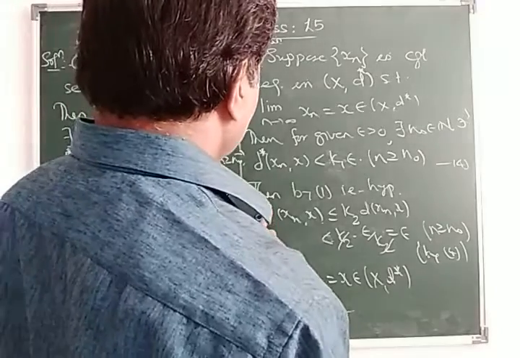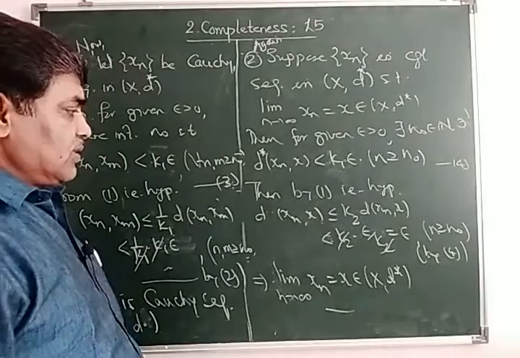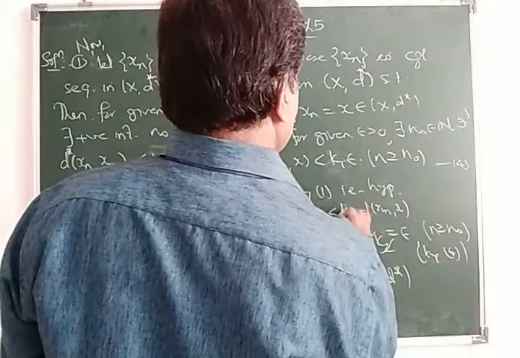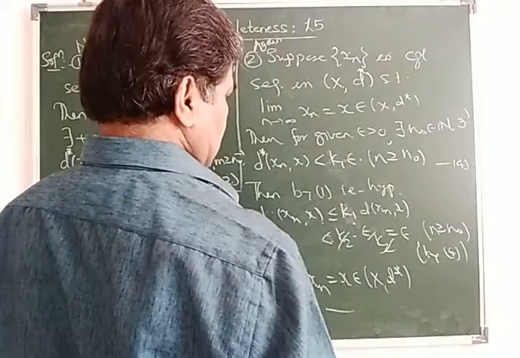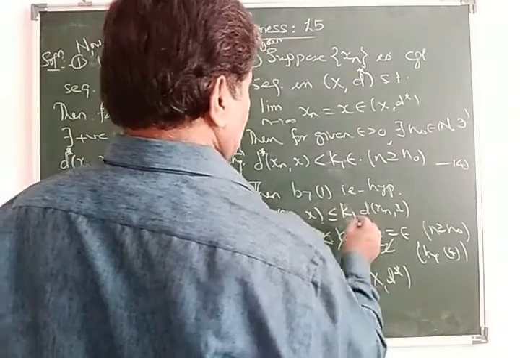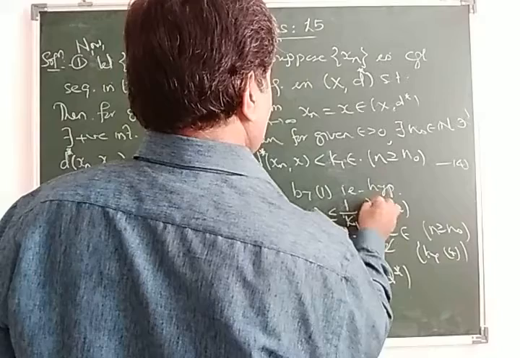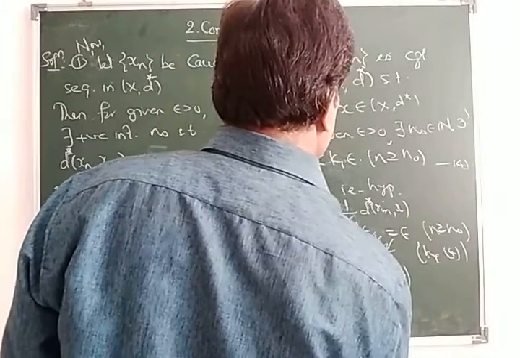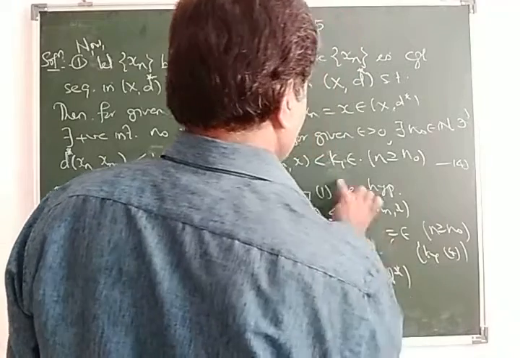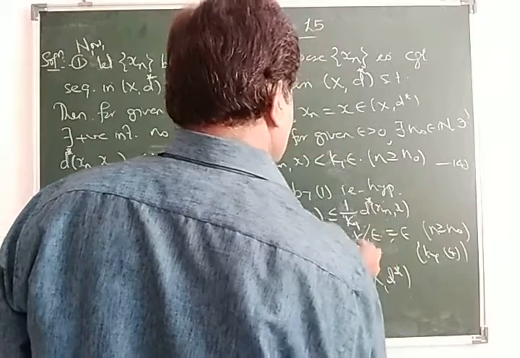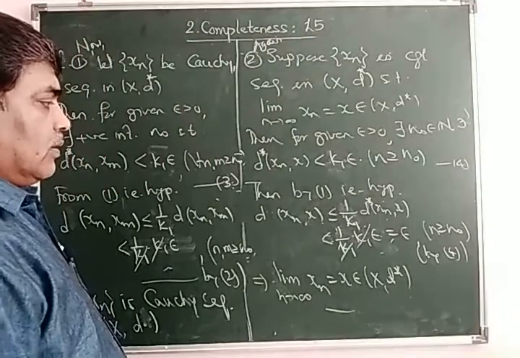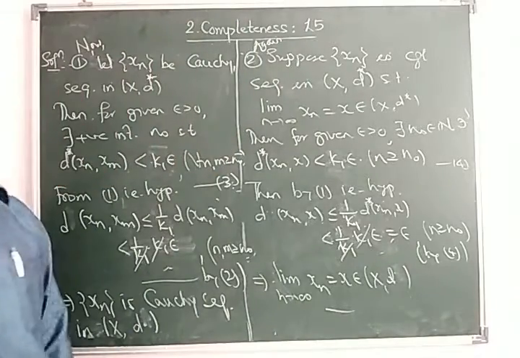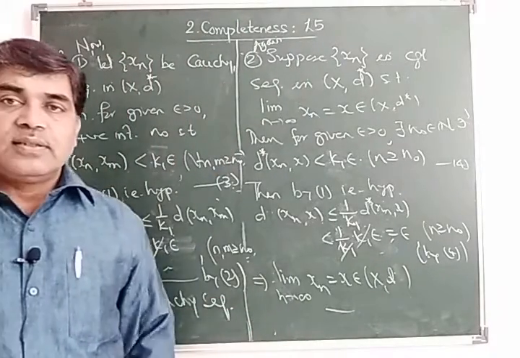Then by 1, d of xn x is less equal 1 upon k1 d star of xn x from 1. And then we'll get this to be 1 upon k1 into k1 epsilon. This k1 gets cancelled, and therefore xn converges to x in Xd. Okay. Thus the result is proved.